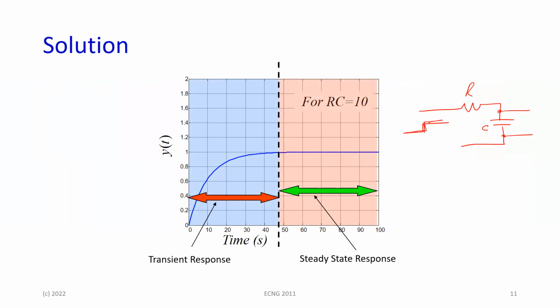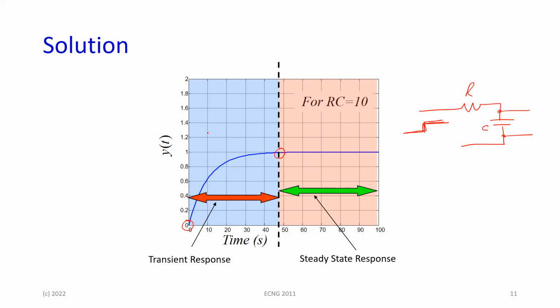Remember, step voltage is a sudden change. It's going from 0 to 1 in 0 time. It's a real system, so this capacitor cannot respond instantly, so it takes time. It takes its time and it goes from 0 here. And eventually, after some time, it has achieved the 1 volt value of the step.